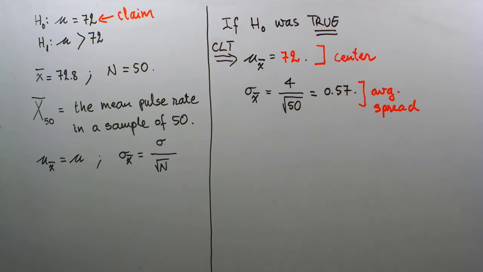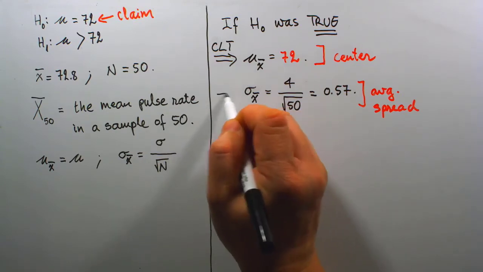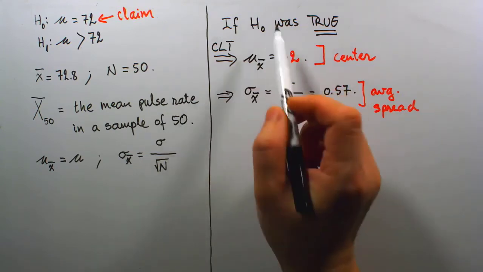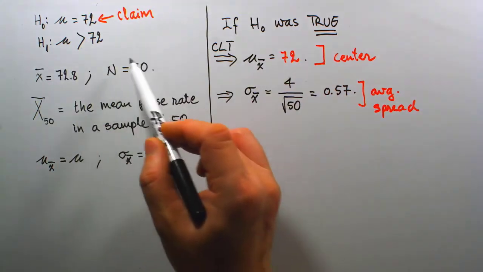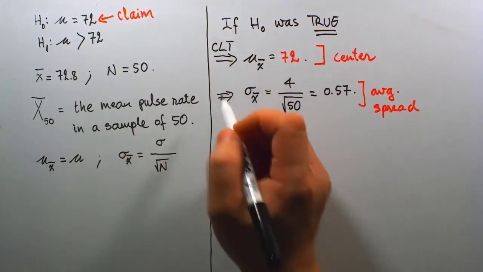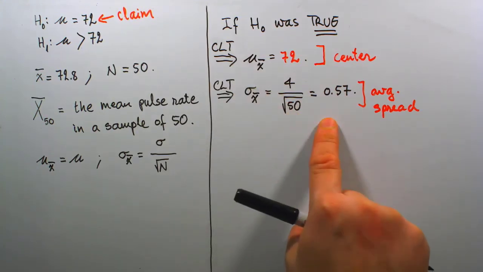Now, once we have found the center and the average spread, these are all consequences of accepting H sub 0, combined with using our sample size of 50, where the central limit theorem led to these consequences.